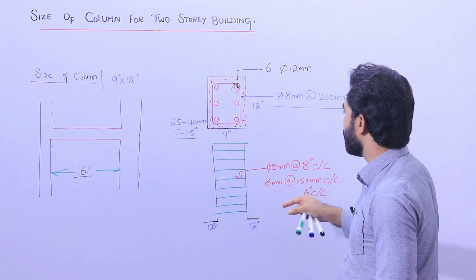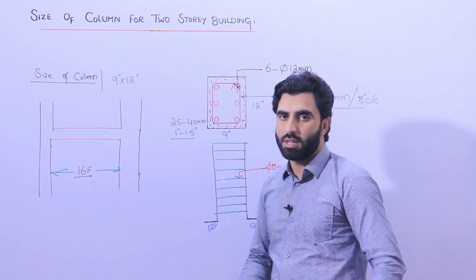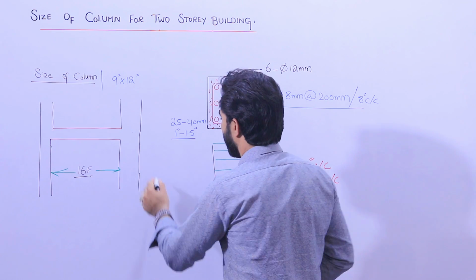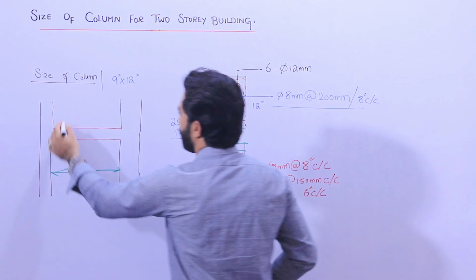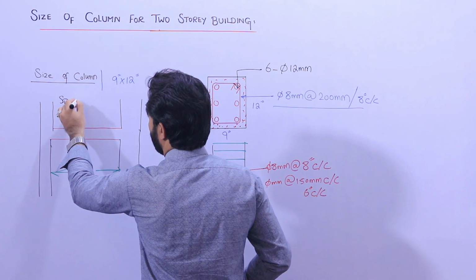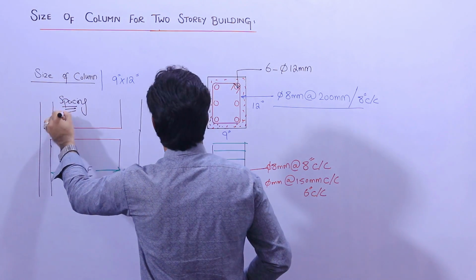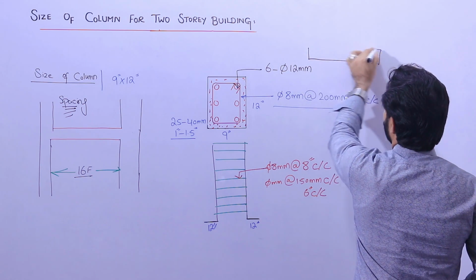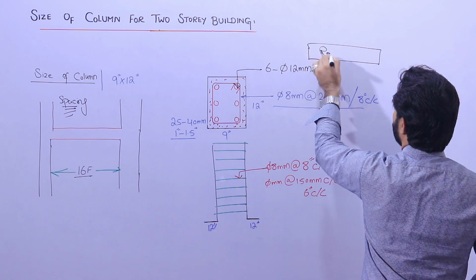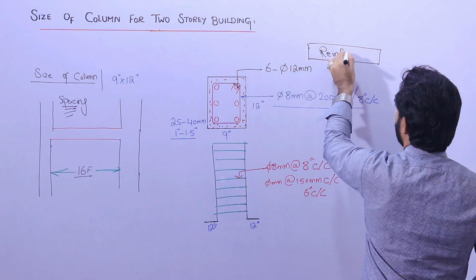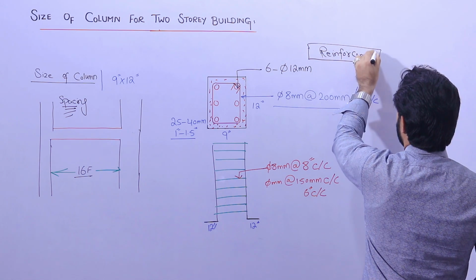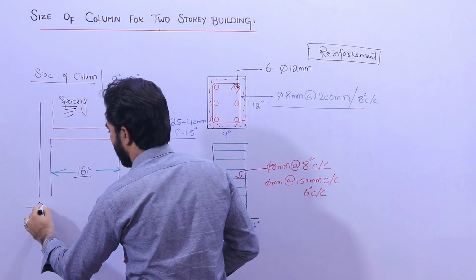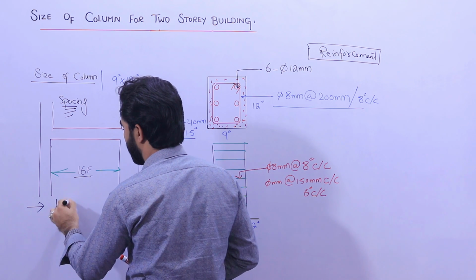Now let me guide you for its lapping length. The lapping length should be between 50 to 60 d, okay?